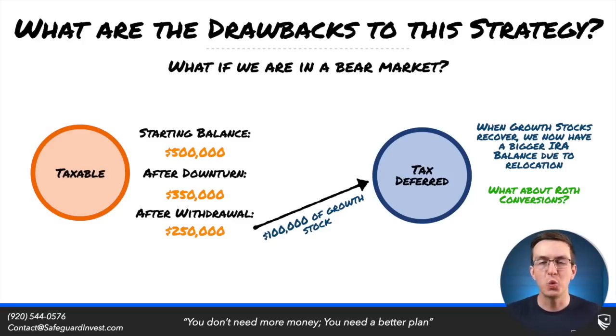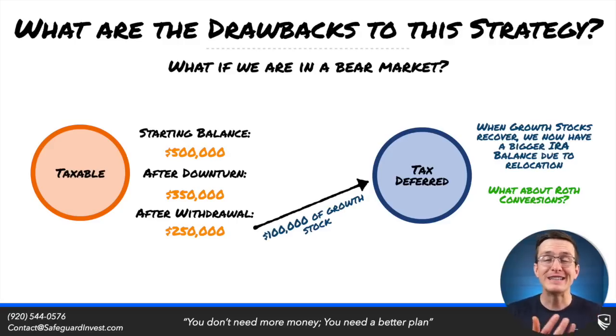Second, the biggest worry or objection I see from investors when we talk about relocation is what happens if you're selling that growth stock during a bear market. Imagine you have a $500,000 brokerage account and growth stocks are down 30%. That $500,000 is now only $350,000. Well, if we relocate that $100,000 in bonds and then spend it from that taxable account, now that taxable account is even smaller at $250,000.